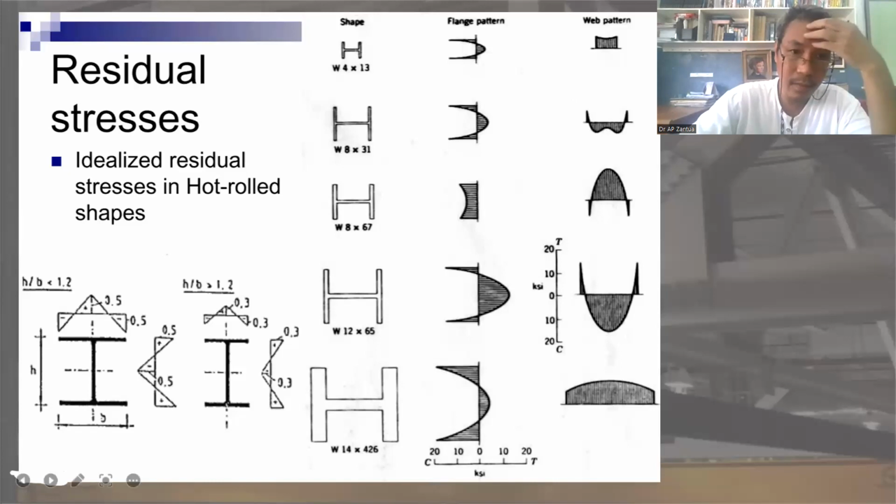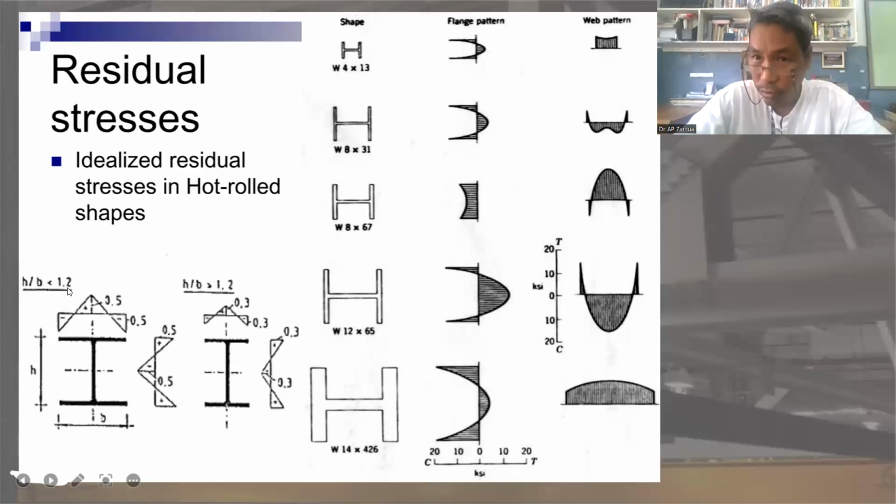So H is height divided by width of the flange. If the quotient is less than 1.2, then we have this type of stresses. These are the theoretical stresses, right?